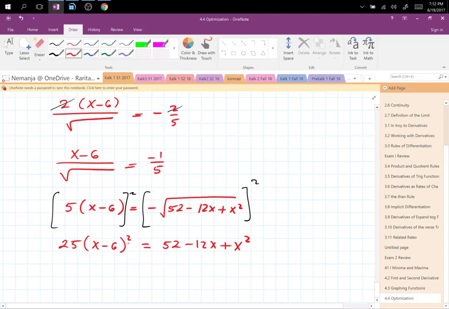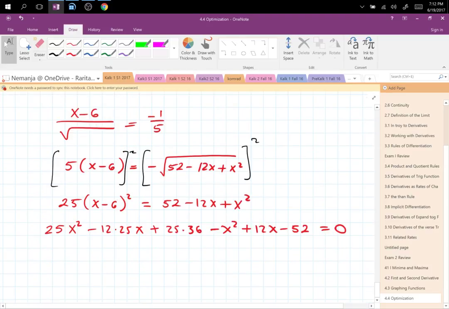When you square here, we get 25x squared minus 12 times 25x plus 25 times 36 minus x squared plus 12x minus 52 equal to 0. I move everything to the left.